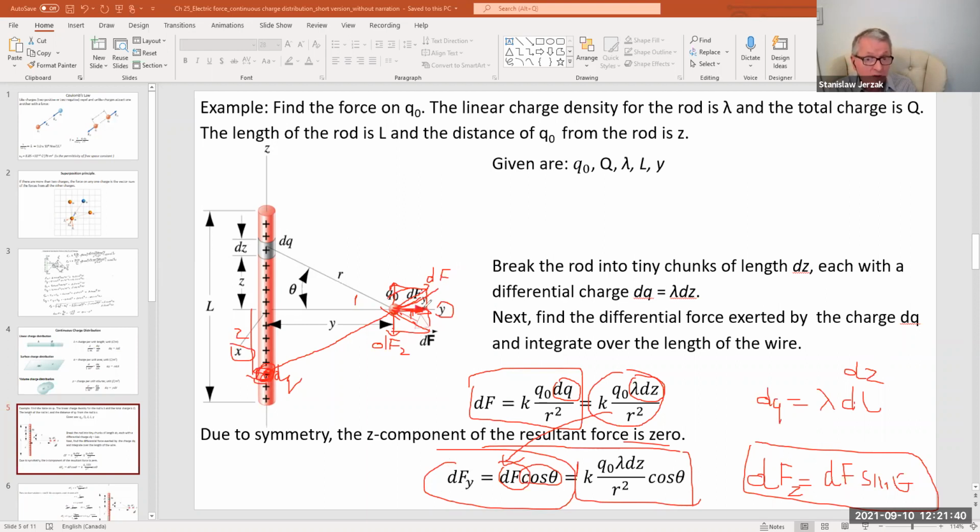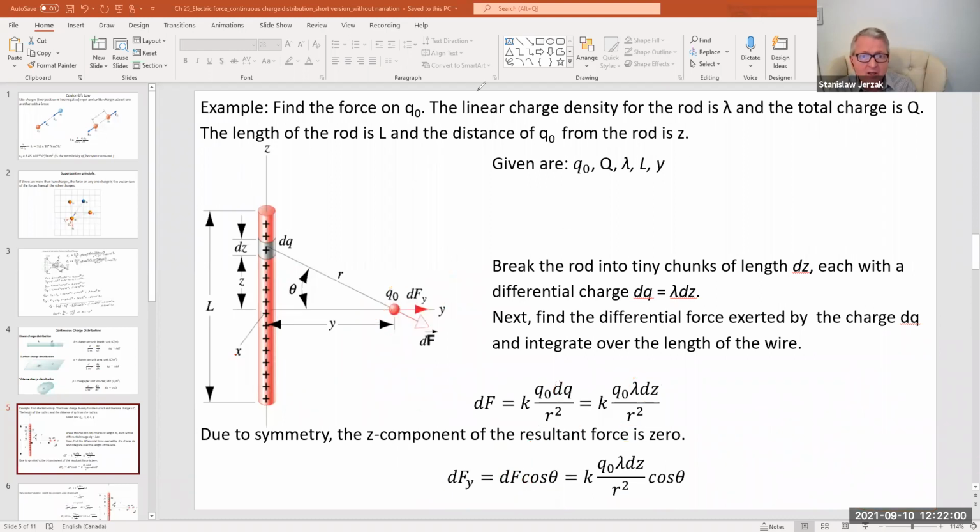Okay, so this is the first part, where we found the component of that differential force df along y. And remember, this dfy is only due to one element of the rod, and now I have to use the superposition principle to find the total force due to all elements. On the next slide, we will do that summation.